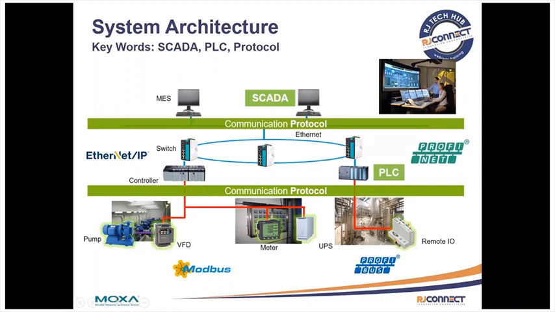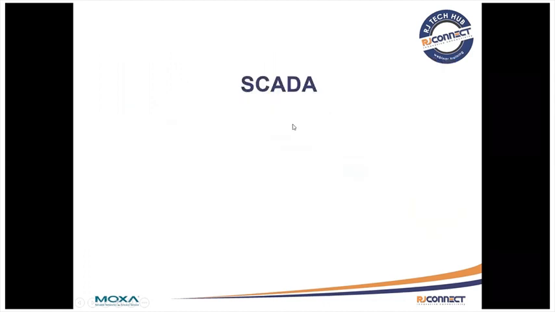And we communicate with these devices using a specific communication protocol. In some cases, it might be Profibus or Modbus RTU. And then we move to our network layer. And as you can see, this is an Ethernet network. So we typically find communication protocols such as Profinet or EtherNet/IP. And these communication protocols allow us to communicate with our SCADA systems.